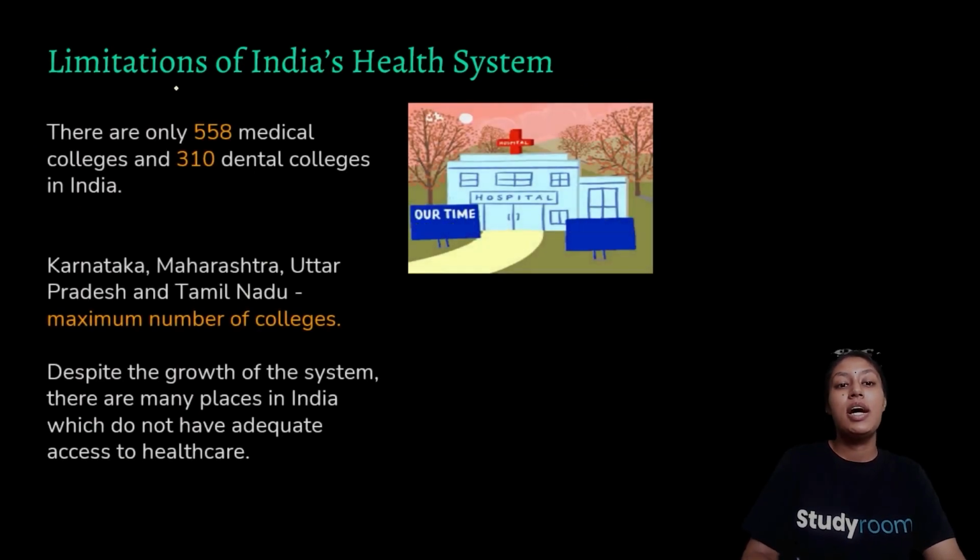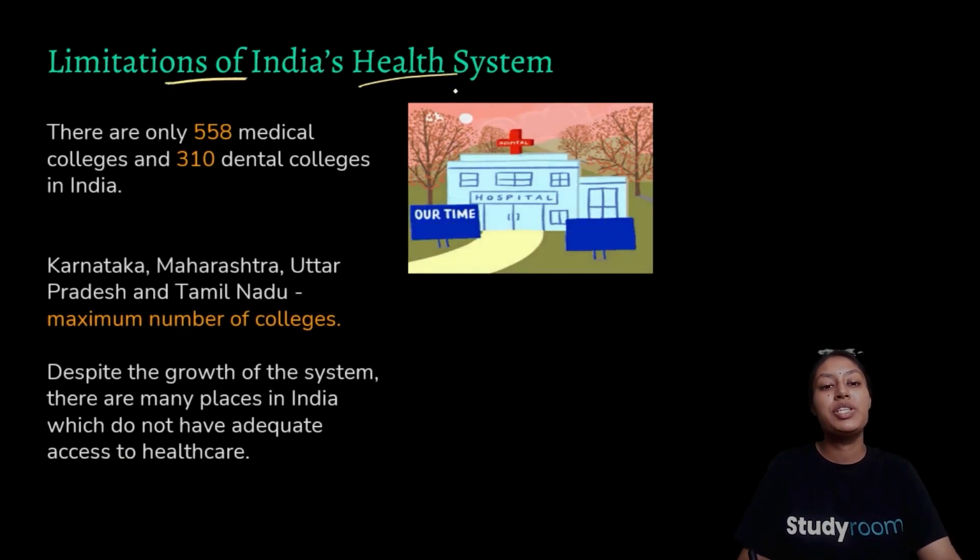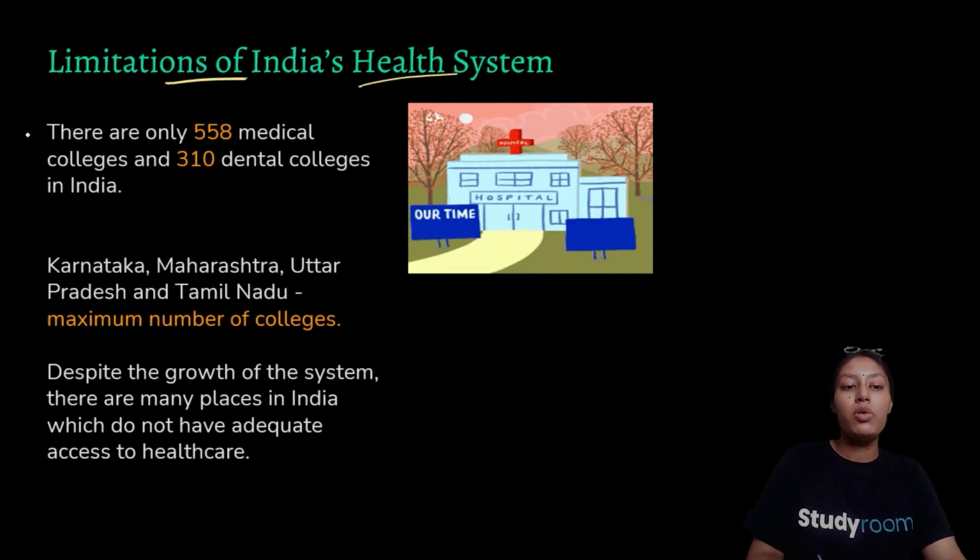The next topic is the limitations of India's health system. What are the limitations, barriers or drawbacks of India's health system? The most important thing is lack of institutions.